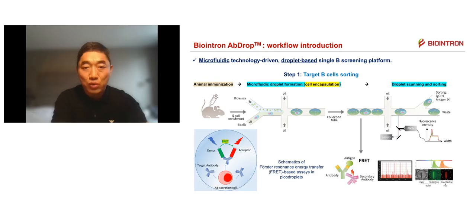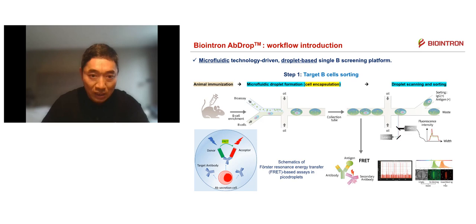After animal immunization is done, we harvest the B cells, and then we load these B cells and some special bioassay reagent to generate microfluidic droplets by so-called cell encapsulation. As shown in this image, the bigger green events are microfluidic droplets. Inside them are cells, I mean, one single B cell and some bioassay reagent.